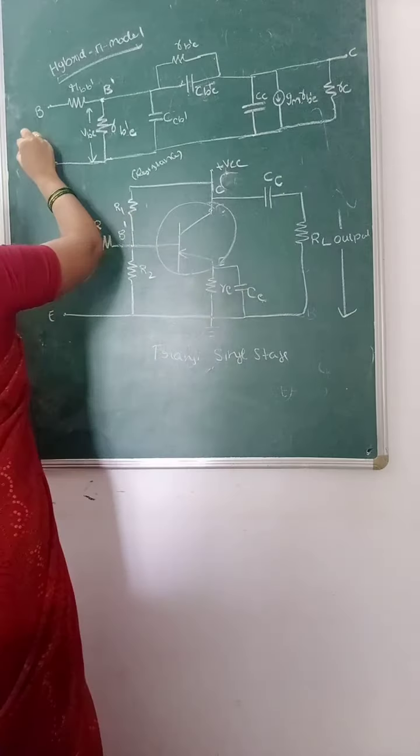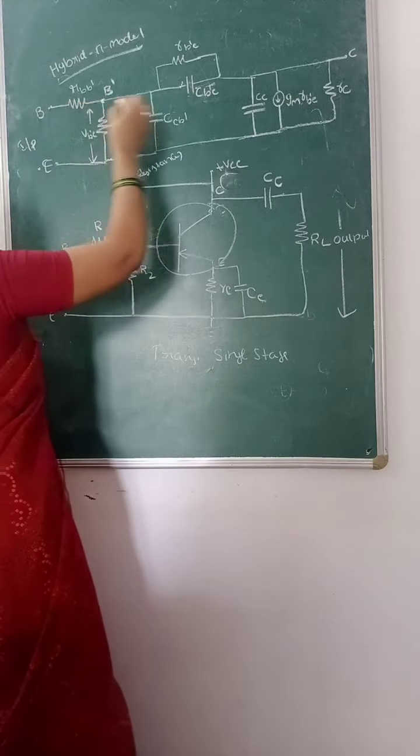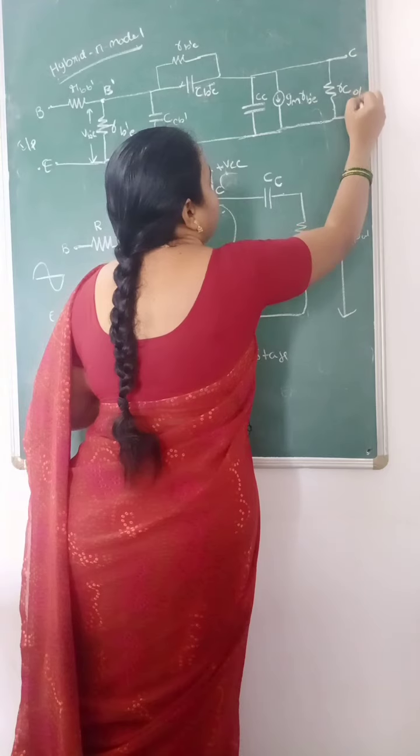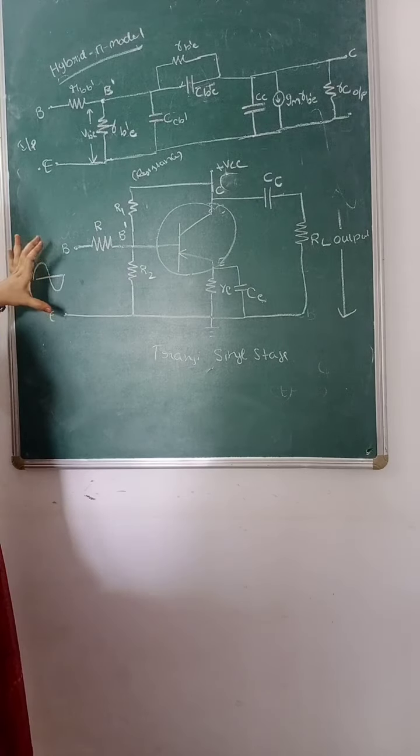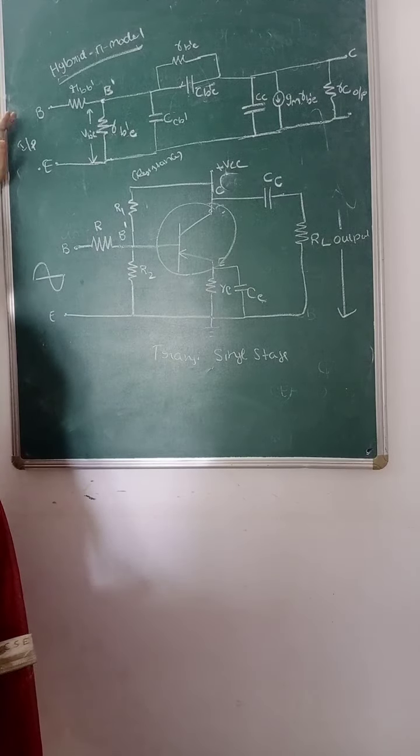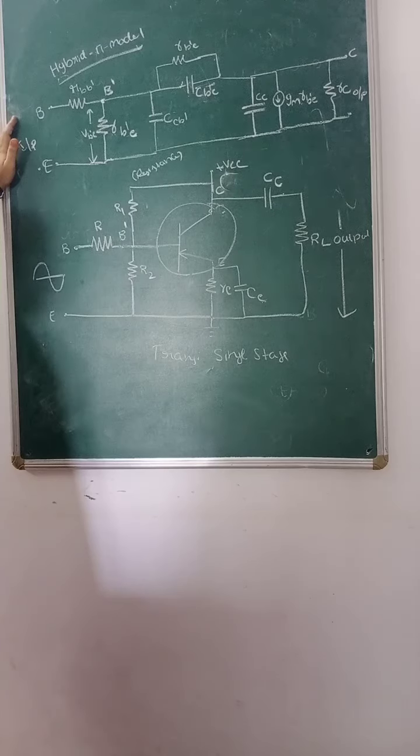So this is the input circuit and this is the output circuit. By analyzing this single stage transistor amplifier, we will draw the hybrid pi model of the single stage amplifier.